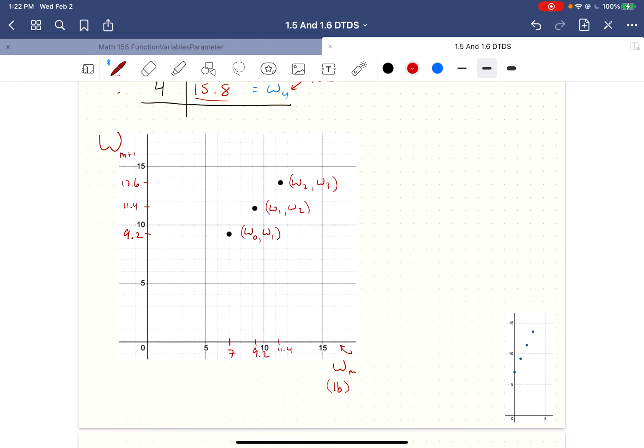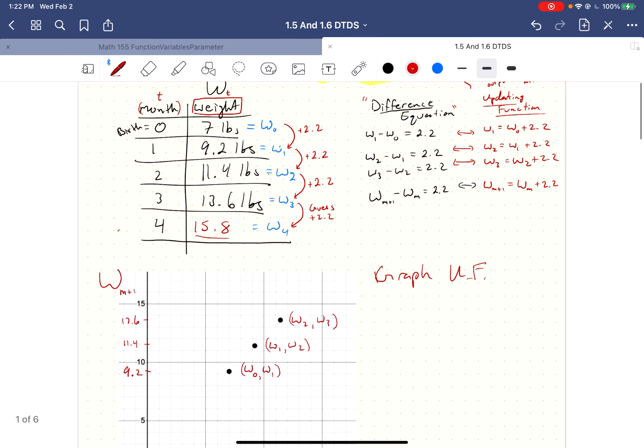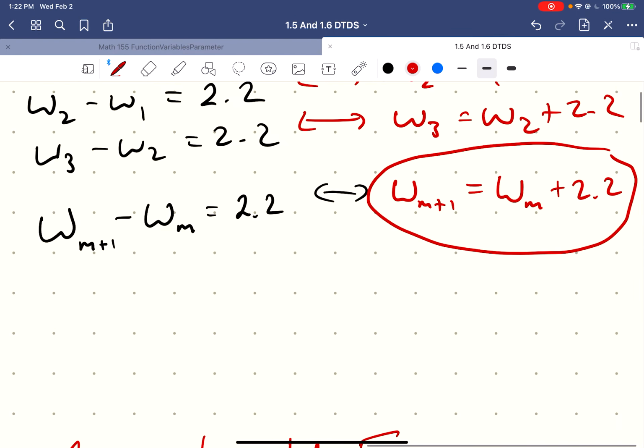I'm starting to plot points on my updating function, but let's graph the whole updating function, which I'll just abbreviate as UF. Well, look, we have this expression for it. W sub m is my input.